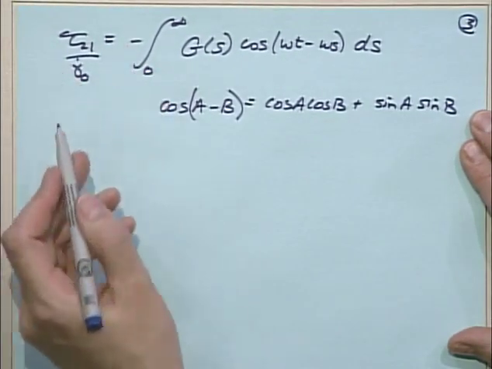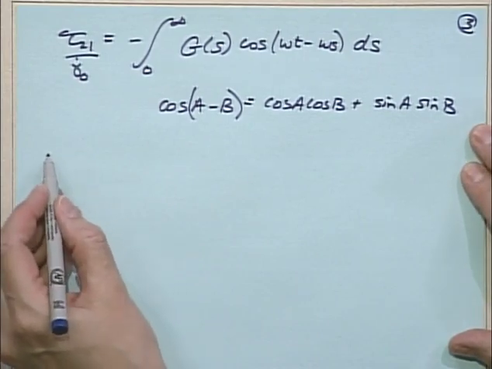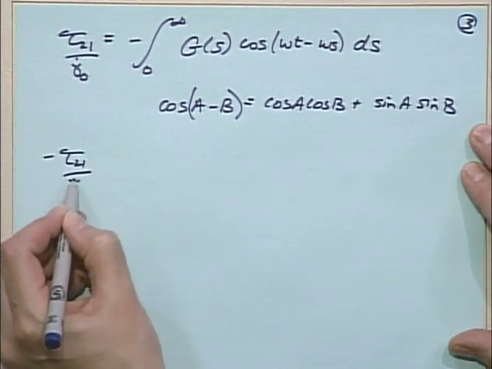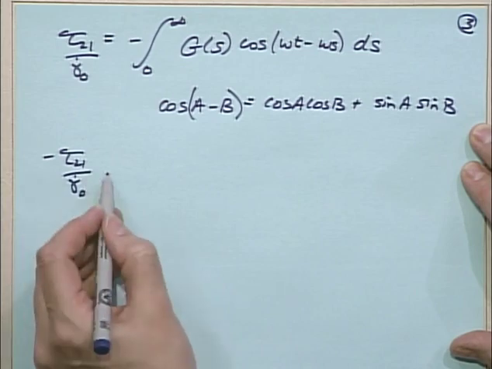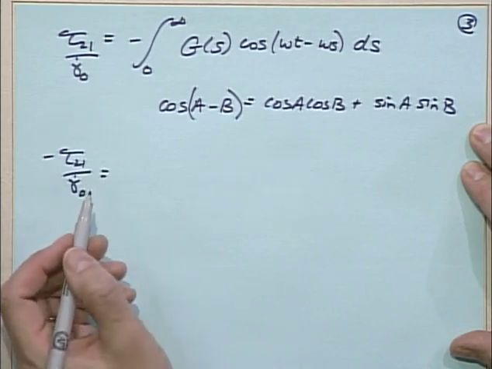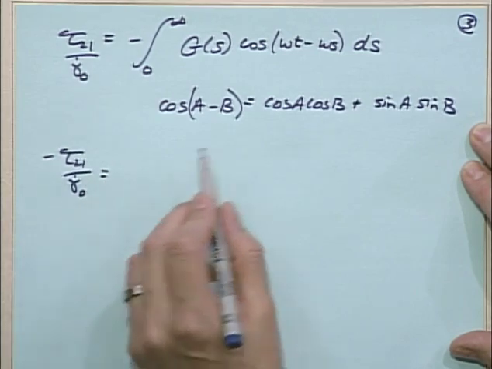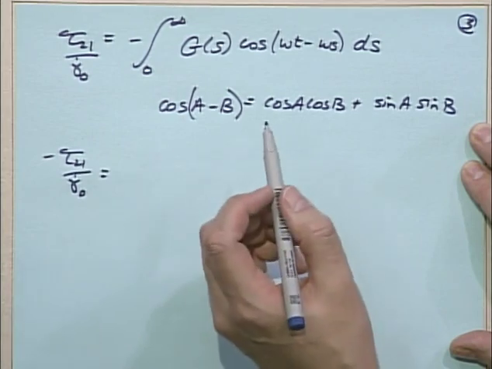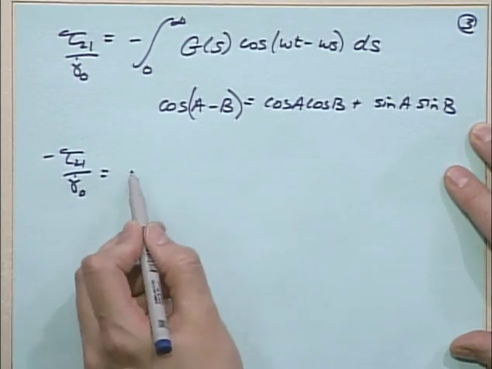So I'll move this minus sign over to the left so I don't lose it. Minus tau 2,1 over gamma dot naught equals two integrals. Well, let's see here. Okay, I'll do it all together first.